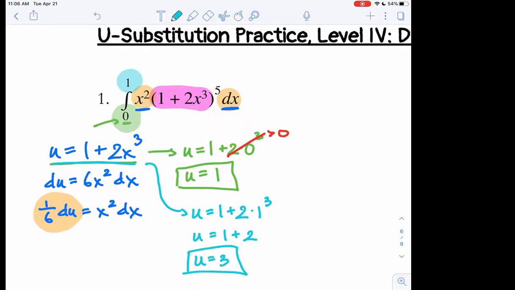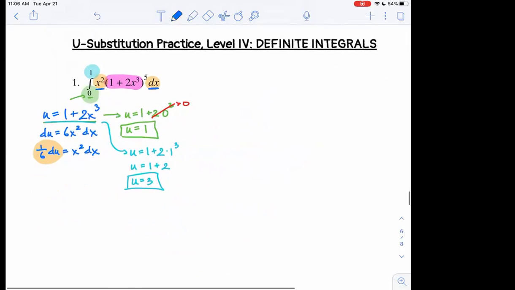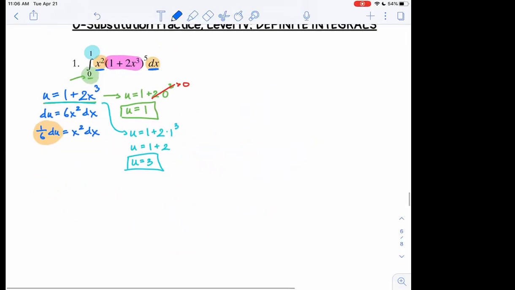Okay, so I have 4 colors in my integral right now. I have to substitute in all 4 parts. All right, I'm going to do this work down here just so I can keep the other side open for the other method.